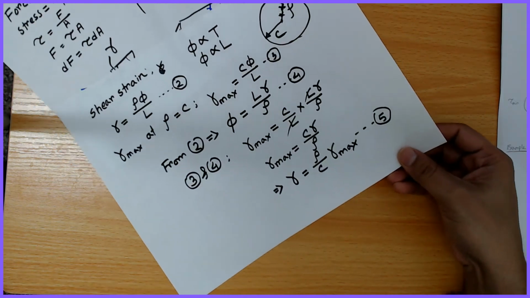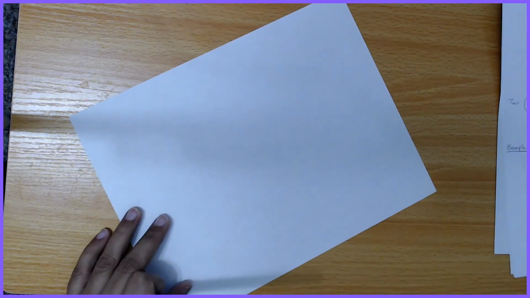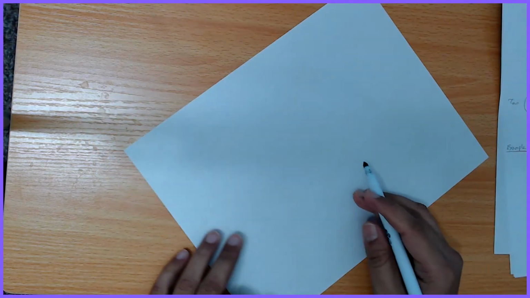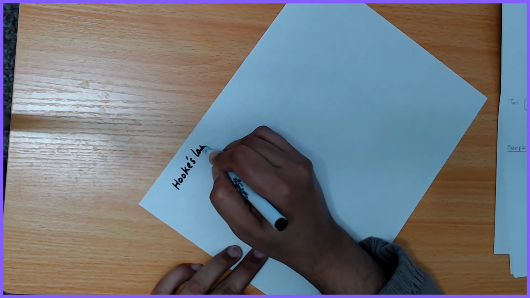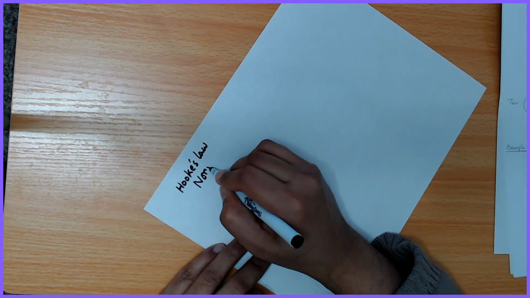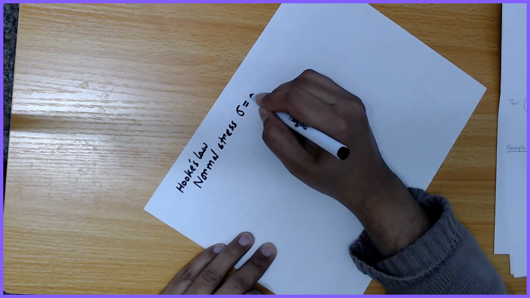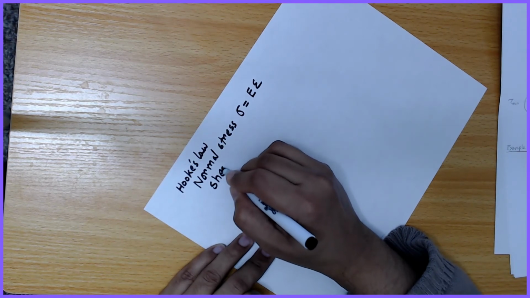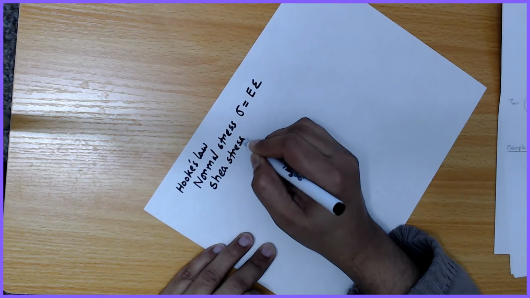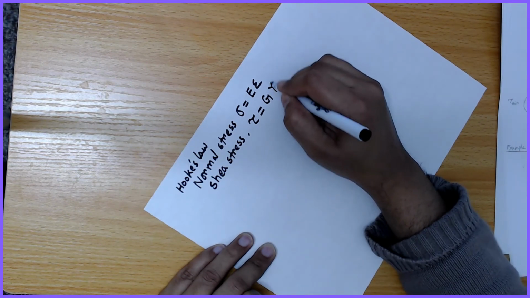Now, Hooke's law. We know that for Hooke's law, for normal stress, sigma is equal to Young's modulus multiplied by epsilon, and if it is shear stress, we can write shear stress equal to G multiplied by shear strain.